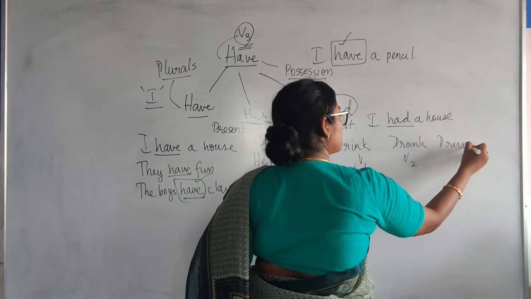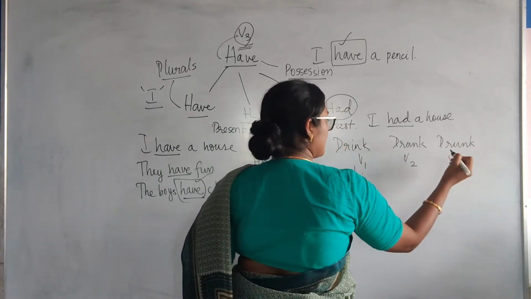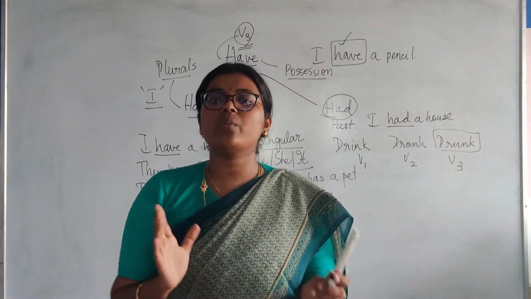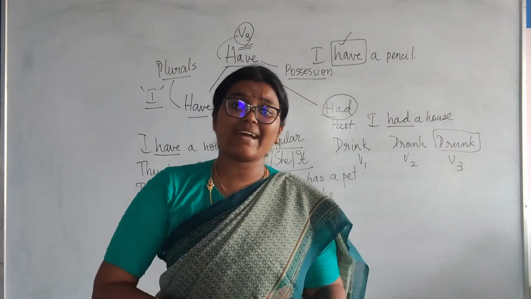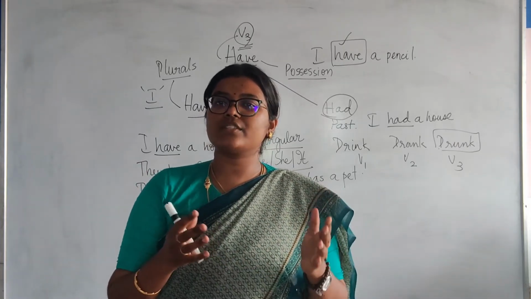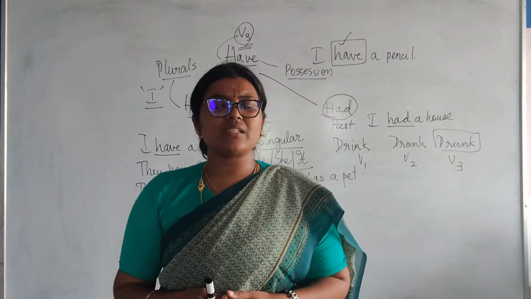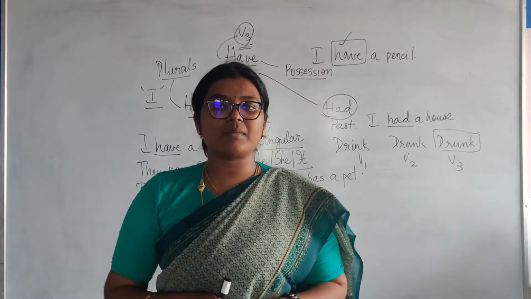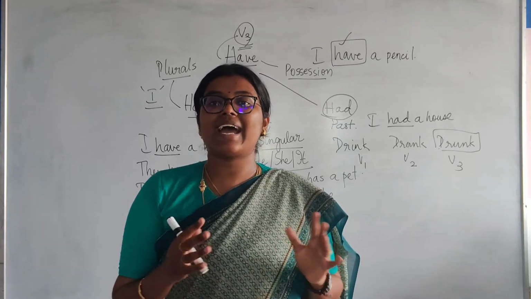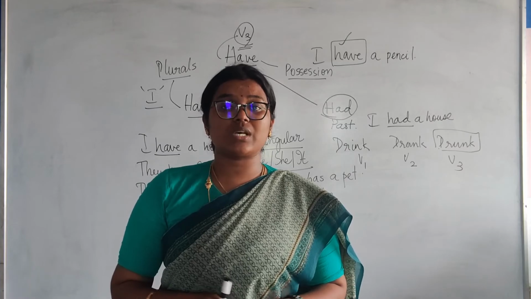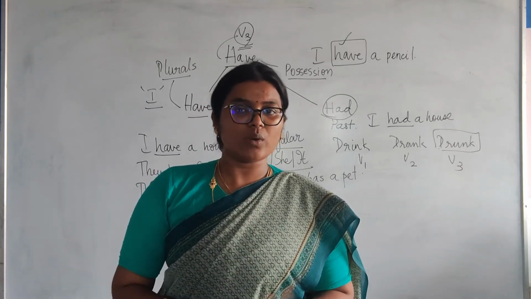And drunk is the V3 verb. Whenever you have the V3 verb, you always use the V3 verb with either have, has or had. If it is in the present tense, you will either use have or has. And if it is in the past tense, you use had. Alright. We look at this in detail in the coming classes. But for now, remember that have form verbs are always used along with V3 forms of the verbs.